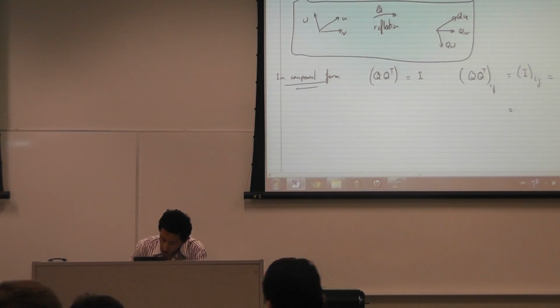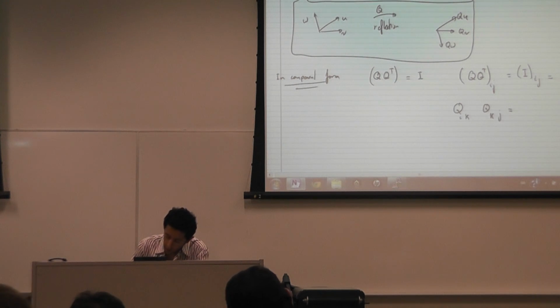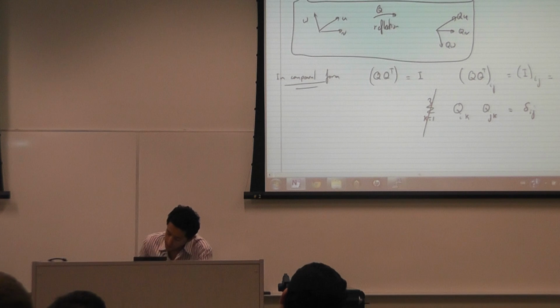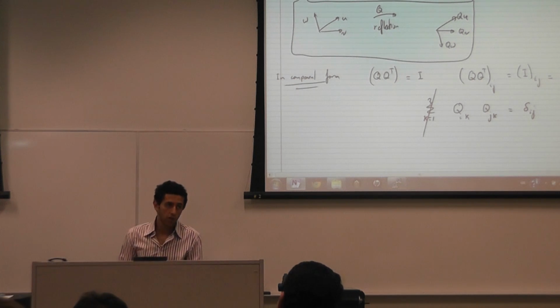Q transpose ij is equal to qik qjk, but the second one is transpose, so I'm going to transpose those. And there is a summation over k that's implied. So the component entry delta ij is equal to qik qjk, and the summation is done over k.